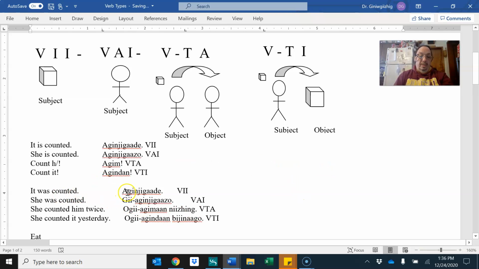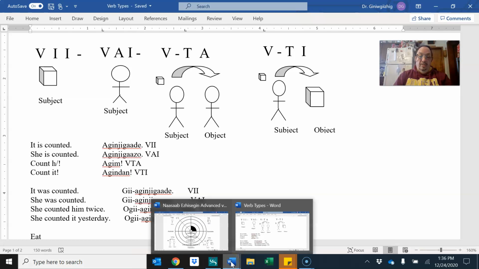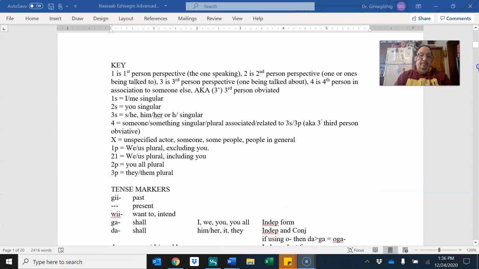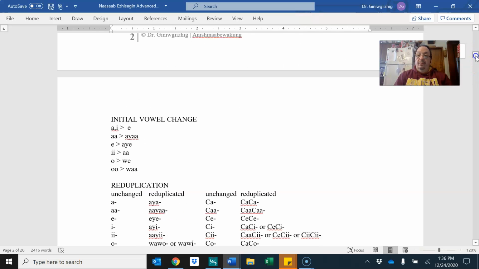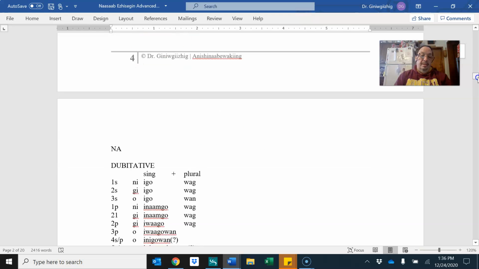She was counted. It already happened, so we've got to put a tense marker on there. And I go to the rule book to see what it says. Do I put any conjugations for it was counted? And I go down to VII's.